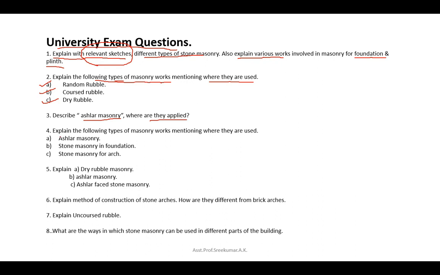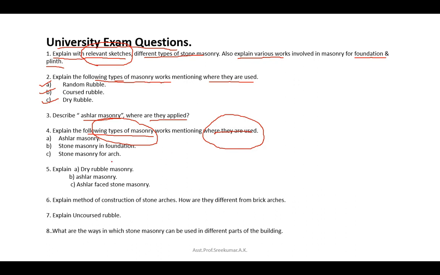And again, the fourth question, explain the following types of masonry works mentioning where they are used. So in all these questions, they have asked to explain the types of masonry work, and second, they have also asked where these kinds of masonry types are applied.